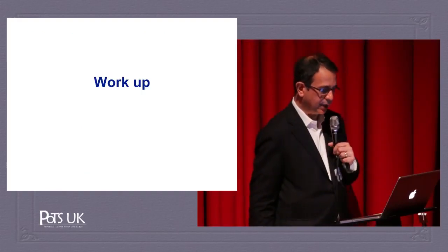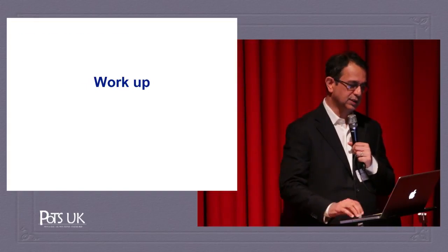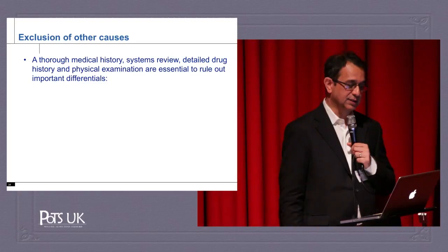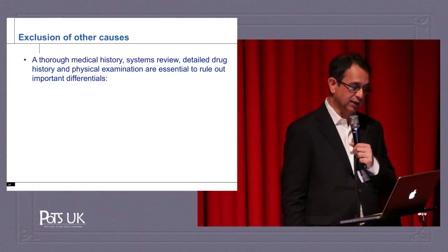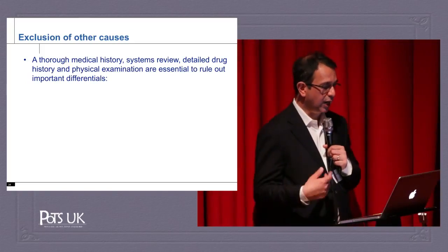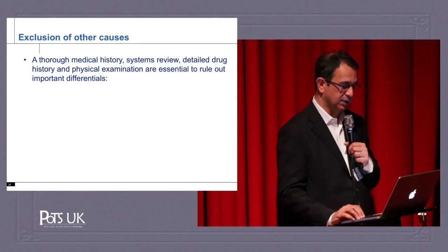How do you work these patients up? I think it's always useful to start by taking a really good history, a systems review, a detailed drug history, physical examination, etc., to rule out the different differential diagnoses as well.